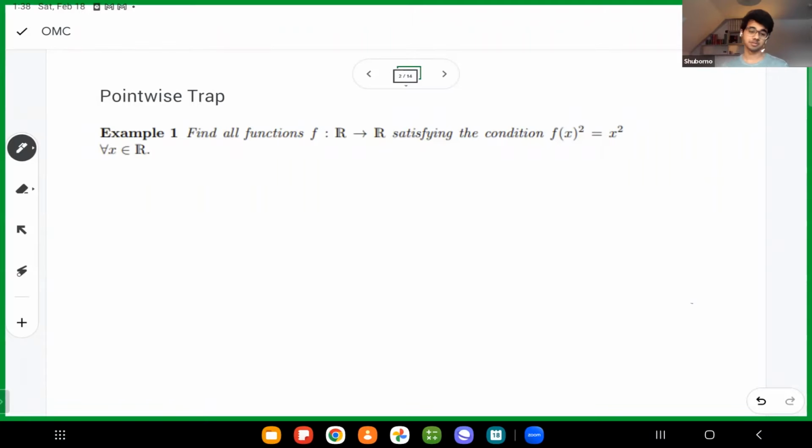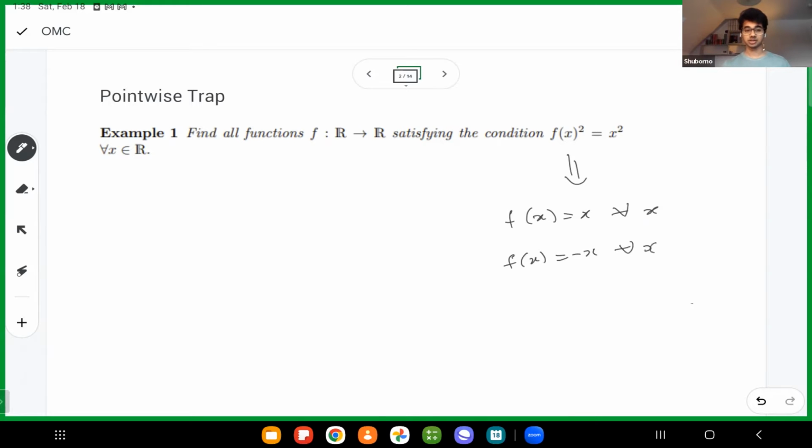So that's the trap that a lot of people don't check carefully, because it's very easy to conclude from here that the two solutions could be f of x equal to x for all x, and f of x equal to minus x for all x.